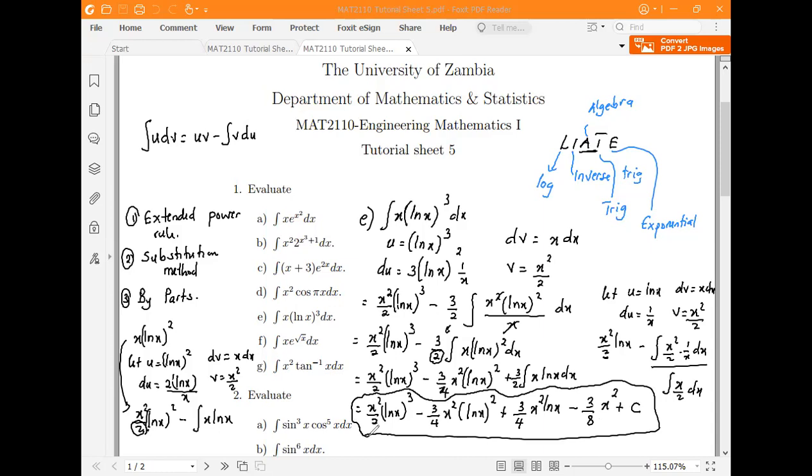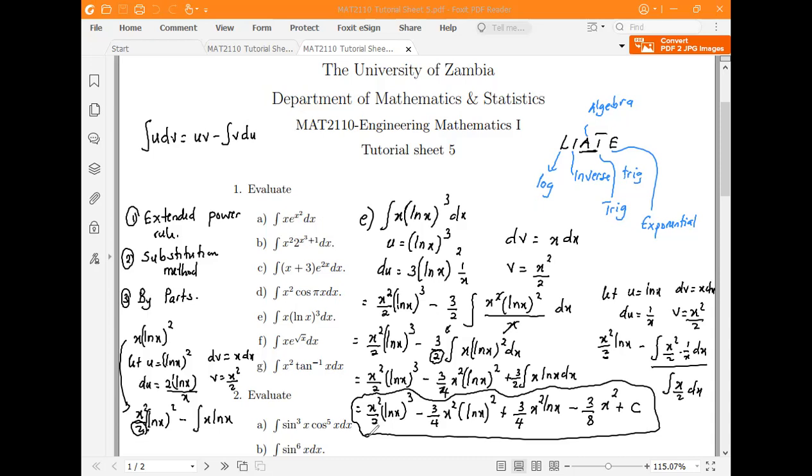So nice, right? There's a question here that talks about creating a reduction formula for some of these that are repeated. So that if we had the reduction formula for x to the n times ln x to the m, then we would just be using the reduction formula, substituting the constants, and then it keeps coming out.